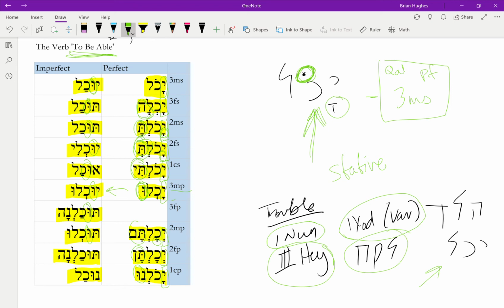Lakach, we just have to remember the kof and the chet, that's going to have a dagesh in it because the lamed has snuck in there, assimilated. Halach is going to just have the lamed and the kaf that then have seres all over the place, and then yachol is going to have the shurek that shows up. So developing this list and keeping it in your mind as you do your parsing detective work is going to be helpful.